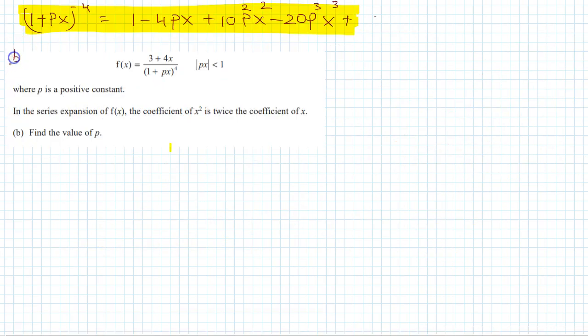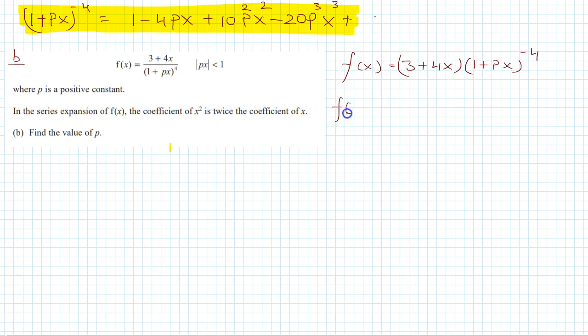Now part B. Part B is f(x) equal to (3 + 4x) multiplied by (1 + px) to the power minus 4.